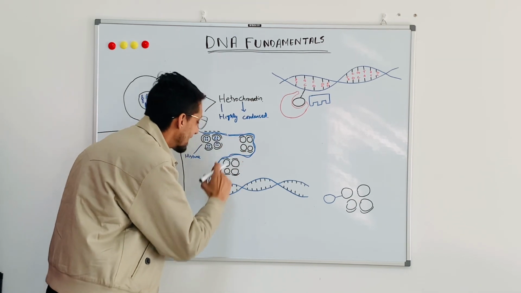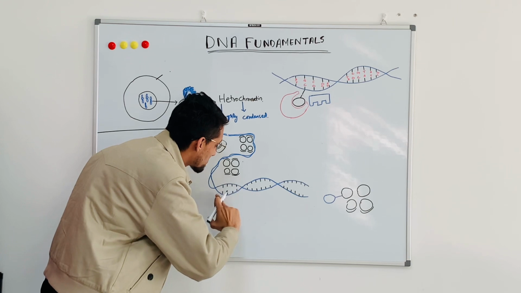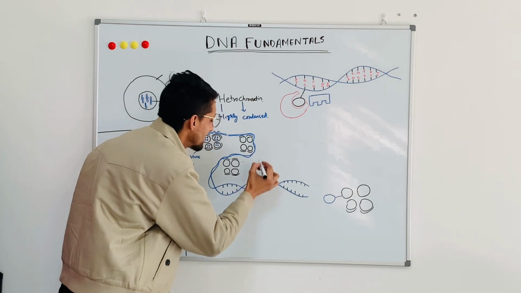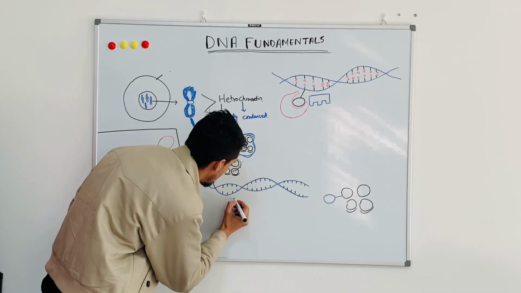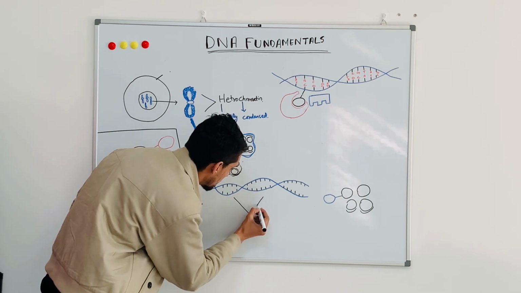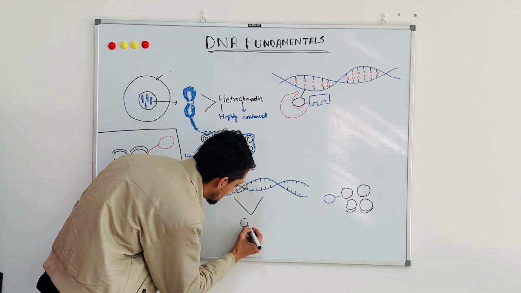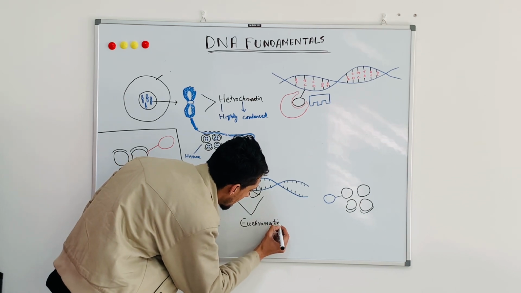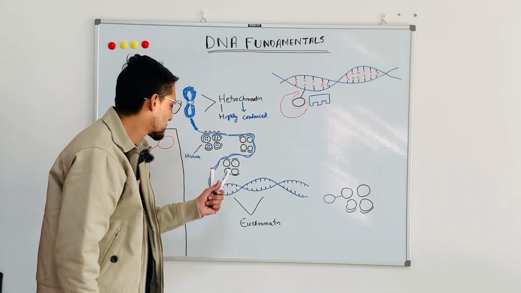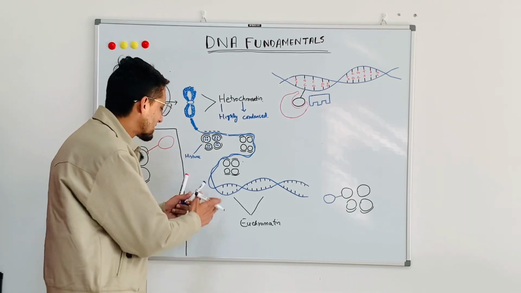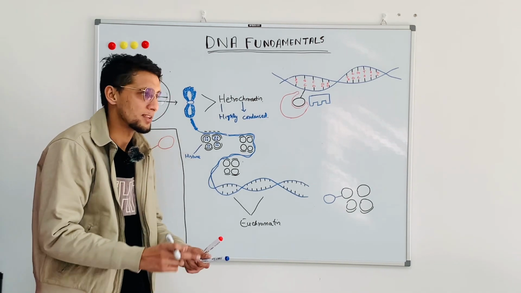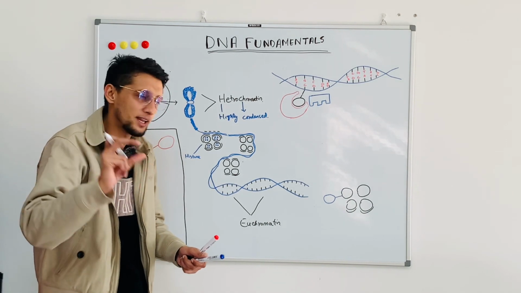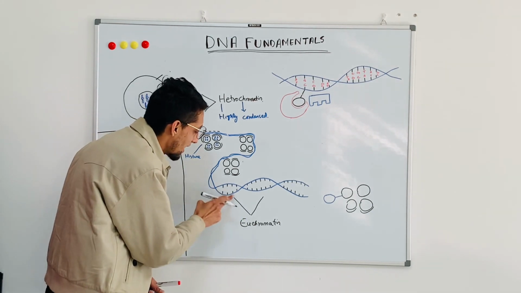This is the expressed portion of the DNA. This expressed portion of the DNA is known as euchromatin. Euchromatin means the expressed portion of DNA, meaning it is expressed for transcription. A certain type of protein is being transcribed by this expressed portion.